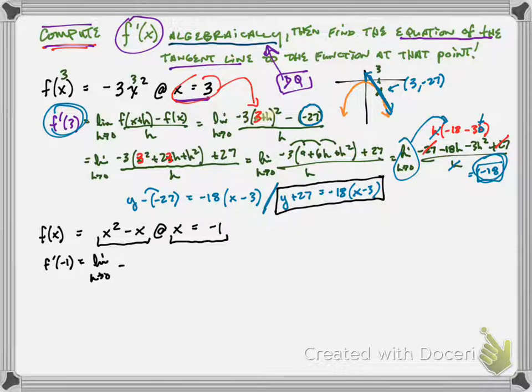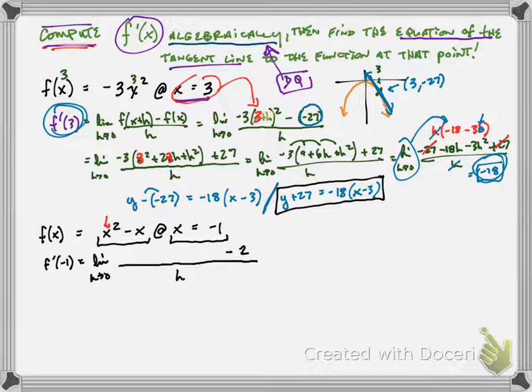of f of x plus h minus f of x over h. Okay. Again, x being negative 1. So if we substitute negative 1 into the function, we get negative 1 squared, which is 1. Okay. Minus negative 1, which is another 1, we get 2. So our output for the ordered pair is 2.